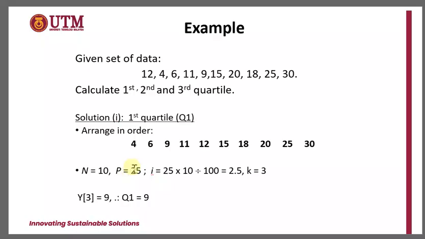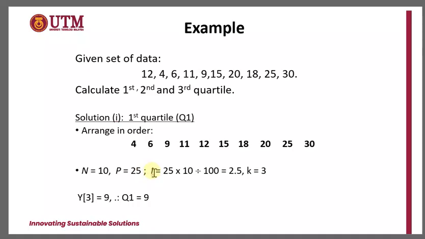P equals 25 is for Q1. Now we want to compute the first quartile, Q1. n is equal to 10, P equals 25. According to the note in the previous slide, P for Q1 is equal to 25, for Q2 equal to 50, for Q3 equal to 75.